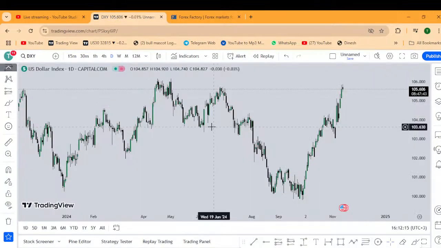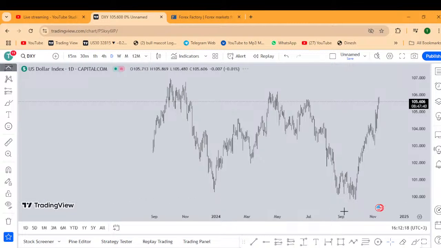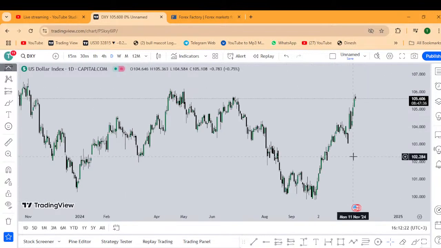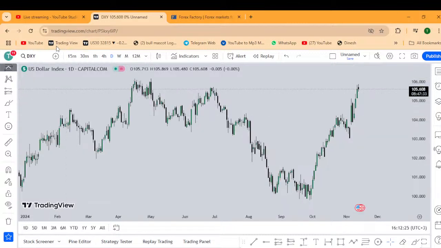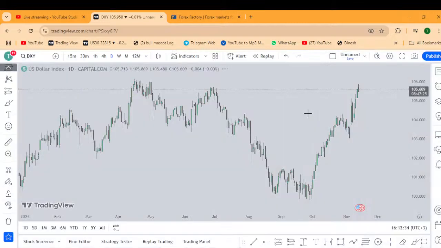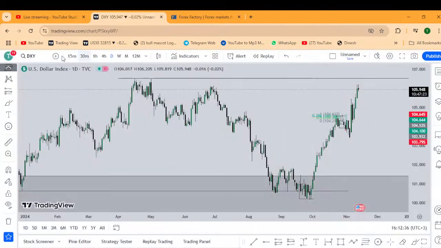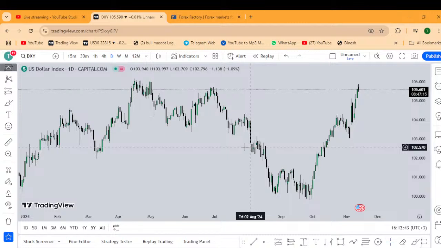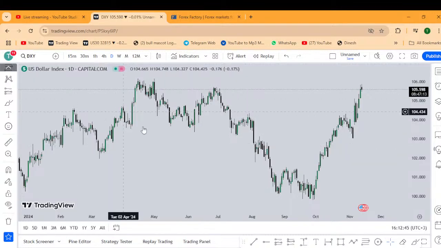Okay, so yes, now this is our DXY, and this is how it looks like on a daily time frame.